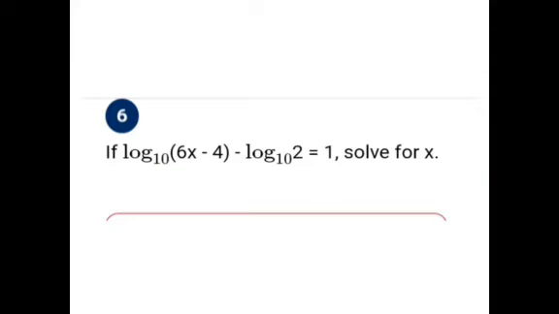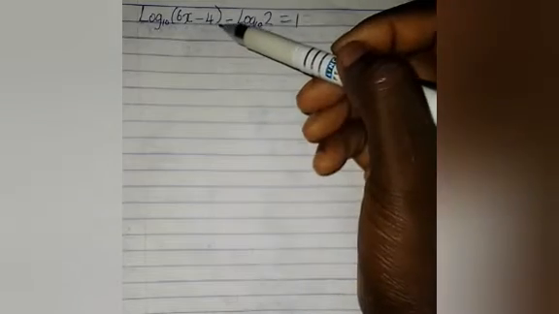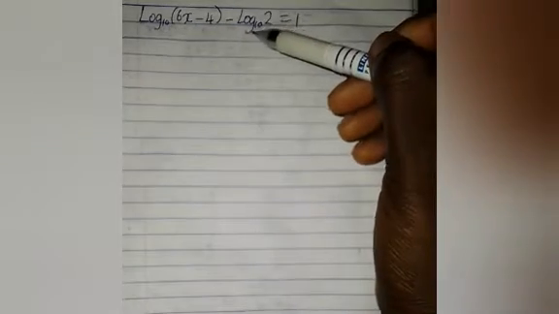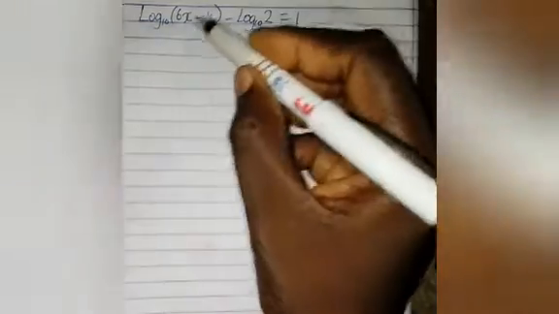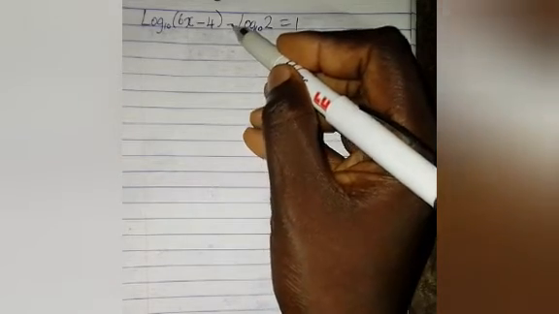Number 6. If log(6x − 4) in base 10 minus log 2 in base 10 is equal to 1, solve for x. Since minus means division in logarithm, we proceed.